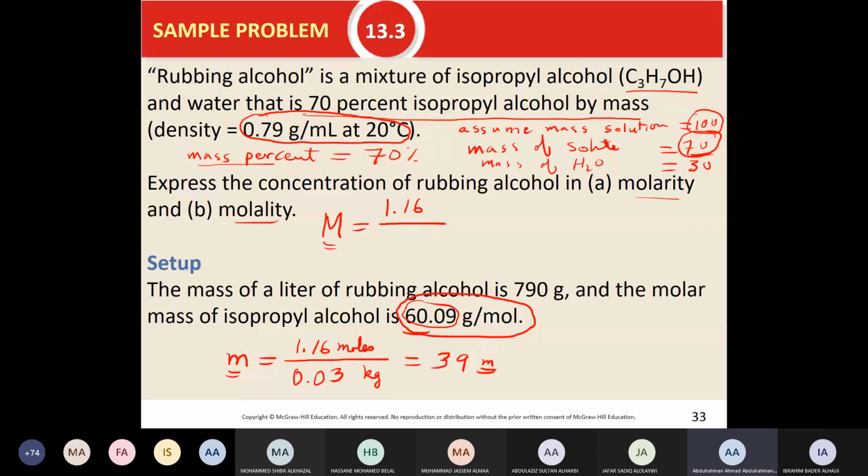Oh, in milliliters. 100 divided by 0.79 gives 126.6. This is in milliliters, so now change it to liters. It's going to be 0.126. According to your calculation, what's the answer in this case?